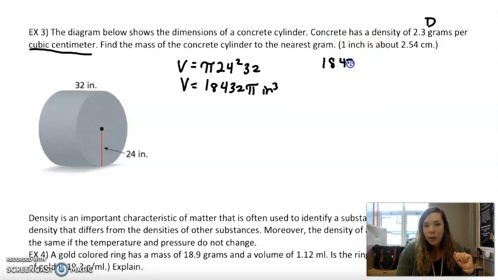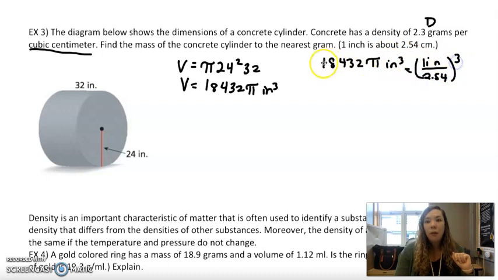So 18,432 pi is cubic inches, and we know that 1 inch is 2.54 centimeters. But because this is cubic inches, I'm going to want to cube these before I figure out how many centimeters it would be, because then that would be my cubic centimeters.